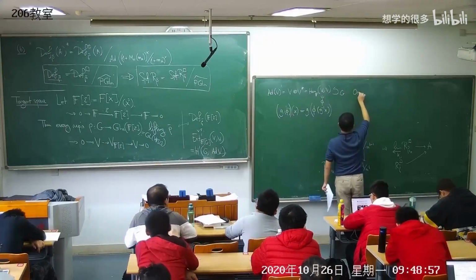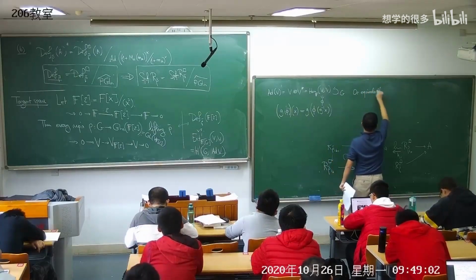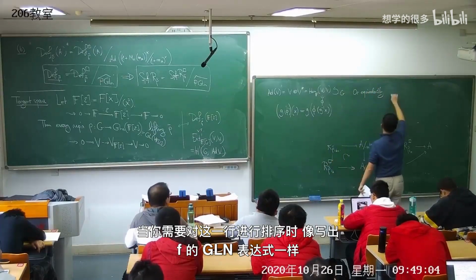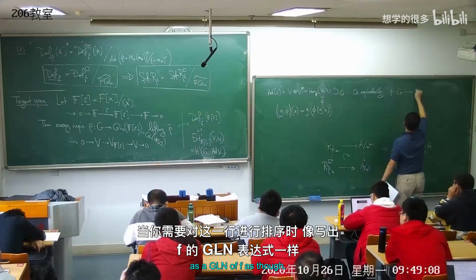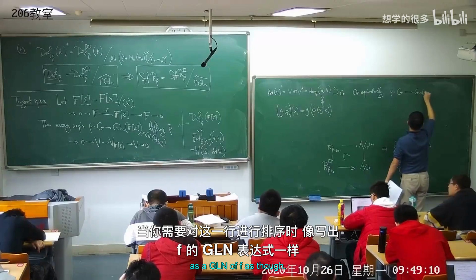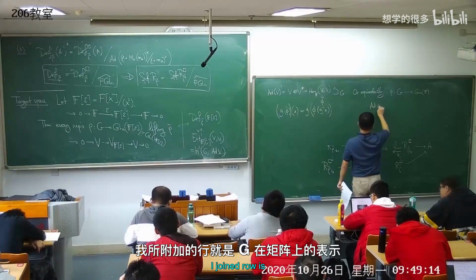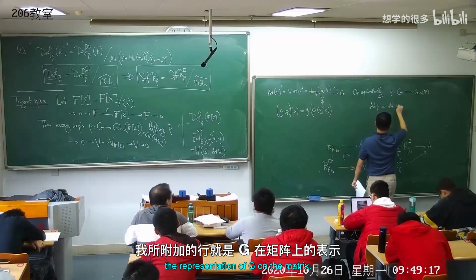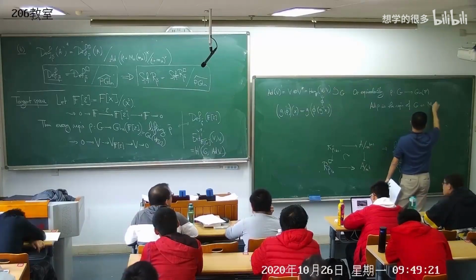Or you can check this equivalently. When you write your representation rho as a map G to GL_N(F), the adjoint of rho is the representation of G on matrices.